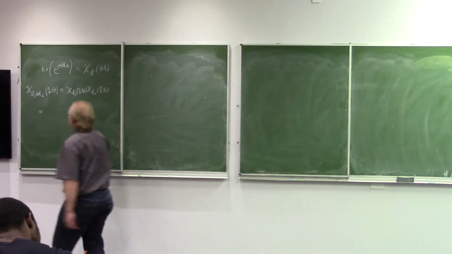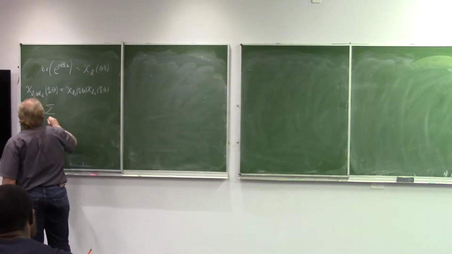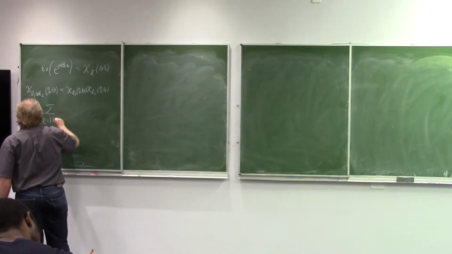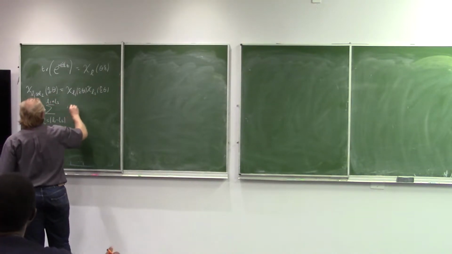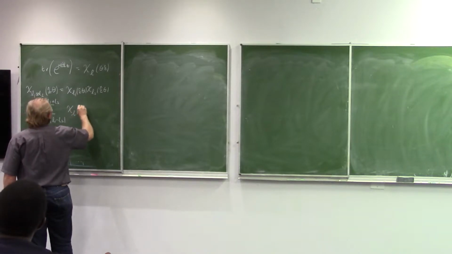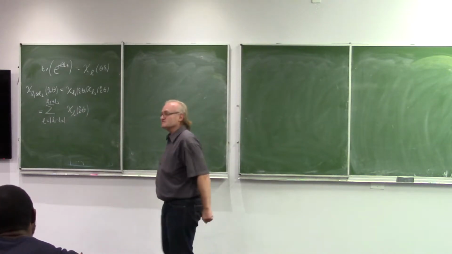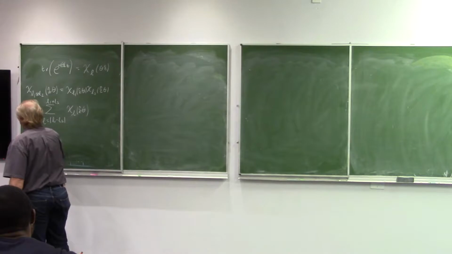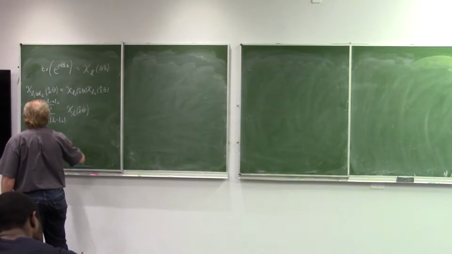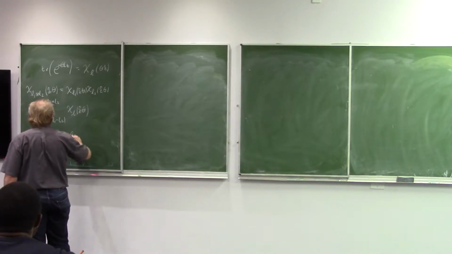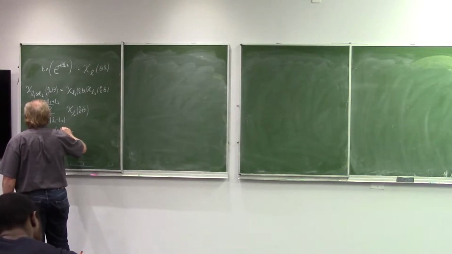And then we argued that this ended up giving us the sum from L equal to the mod of L1 minus L2 up to L1 plus L2 of the characters for L. We said this was the familiar addition of angular momentum rule in quantum mechanics: L1 tensor L2 is equal to a direct sum of spins L going from L1 minus L2 up to L1 plus L2.